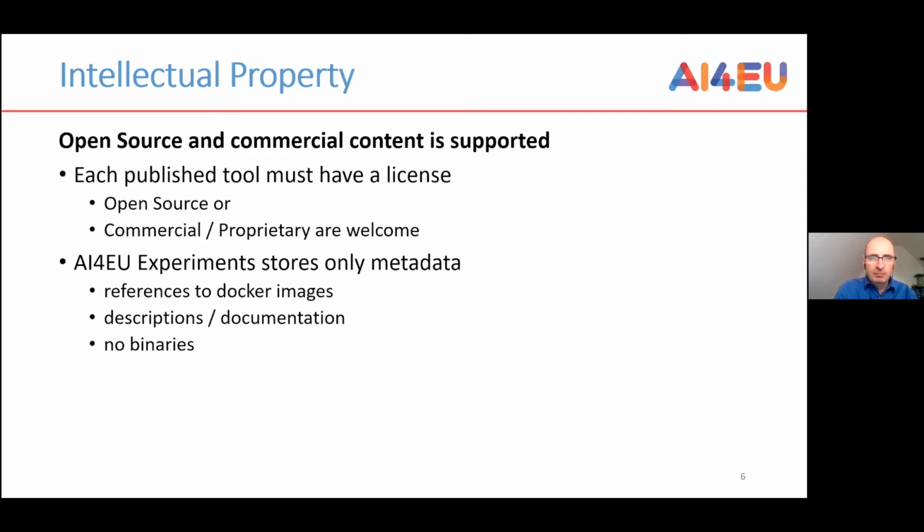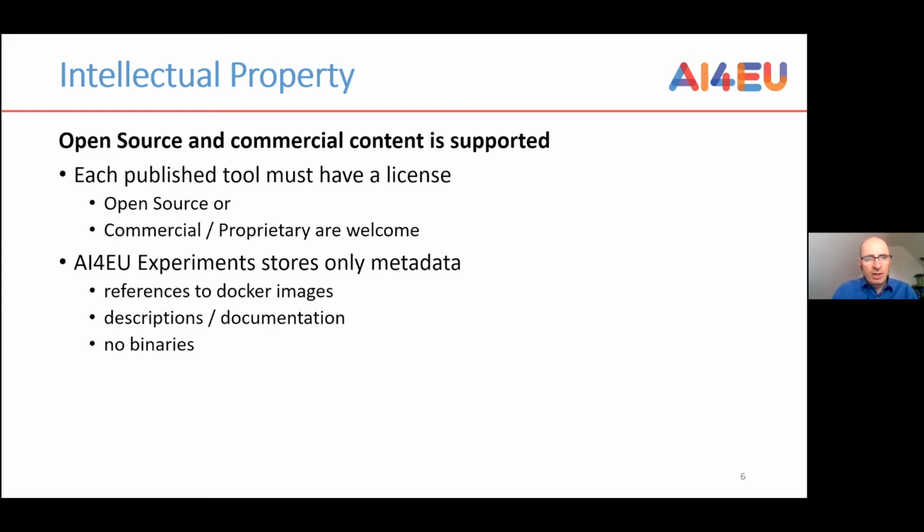There we support open source tools, but also commercial tools. Both are possible, but each published tool must have a license. It can be open source or commercial, and we support basically any type of license. It must be described, or there can be a link to the legal text if it's very long and complicated.